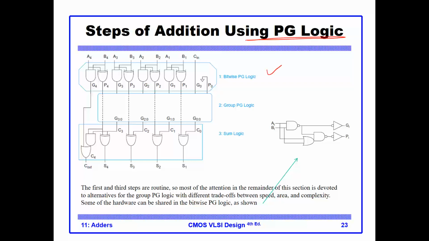In stage number one, we create the propagate and generate for single bits. For example, G3 is the ANDing of A3 and B3, and P3 is the exclusive OR of A3 and B3.